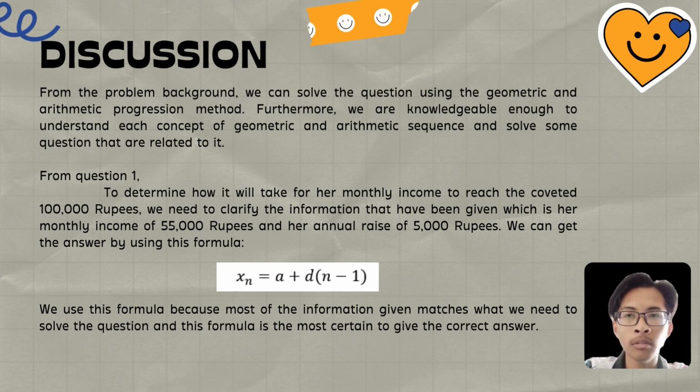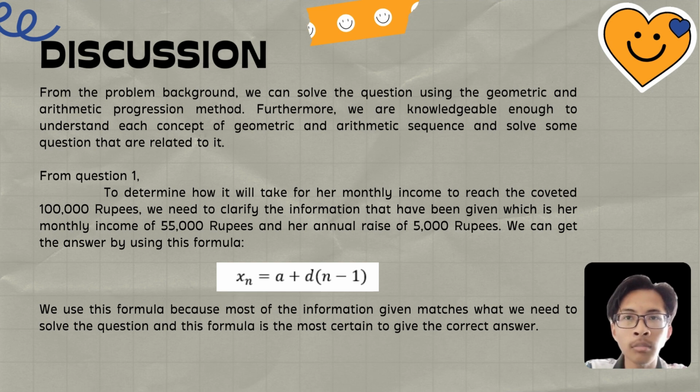Now I will be talking about the discussion for our algebra assignment. From the problem background, we can solve the questions using the geometric and arithmetic progression methods. Furthermore, we are knowledgeable enough to understand each concept of geometric and arithmetic sequences and solve questions related to them. From question 1, to determine how long it will take for her monthly income to reach 100,000 rupees, we need to clarify the information that has been given, which is her monthly income of 55,000 rupees and her annual raise of 5,000 rupees.